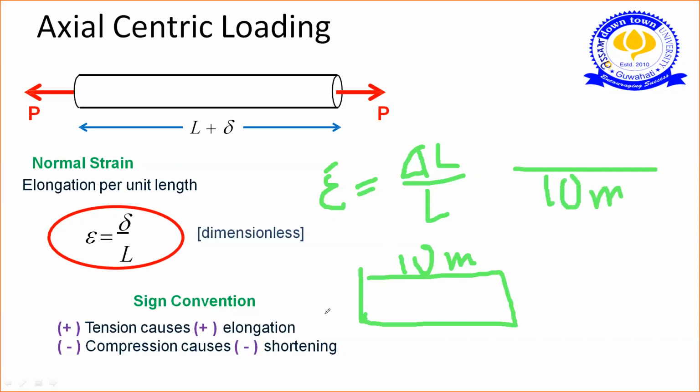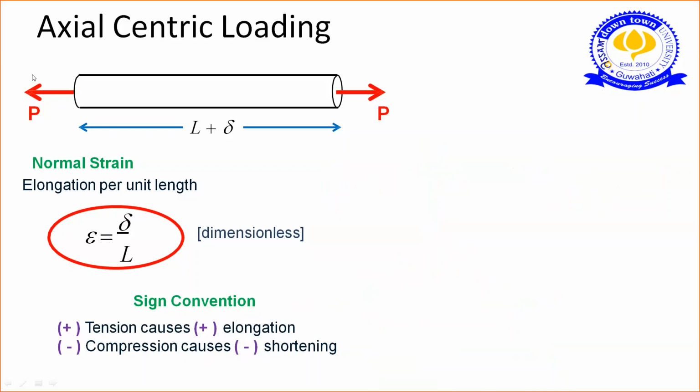Its original length is 10 meters. When I pull this bar and stretch it, the bar is stretched to this amount. Now if you measure the length... Ma'am, I got it now.